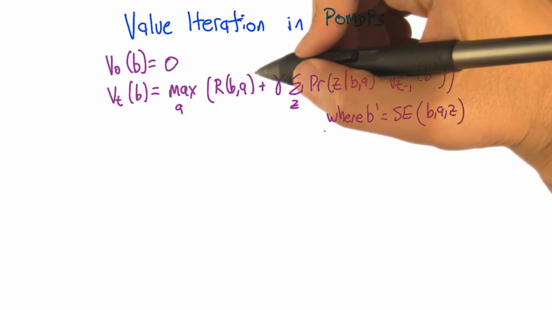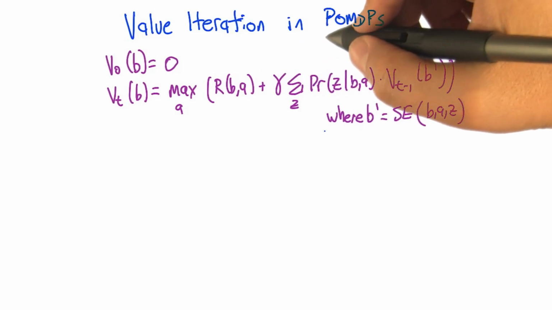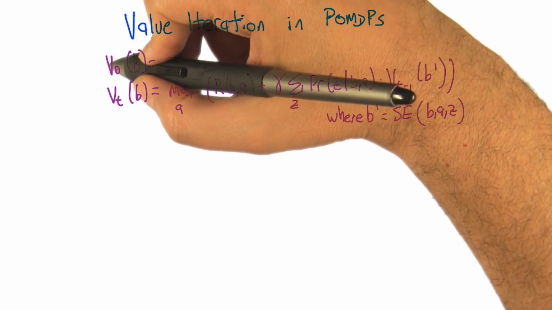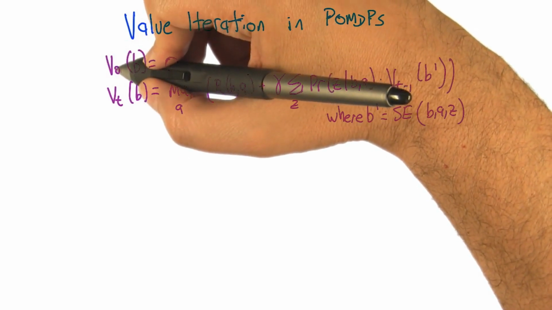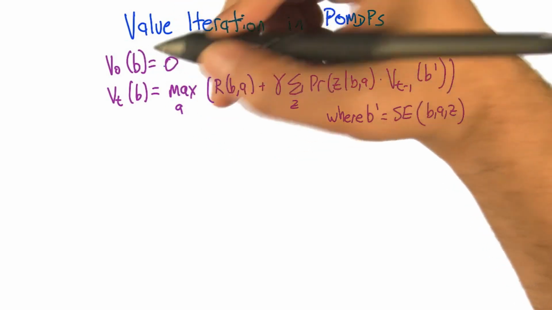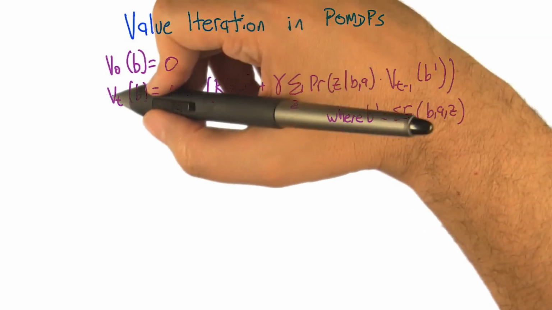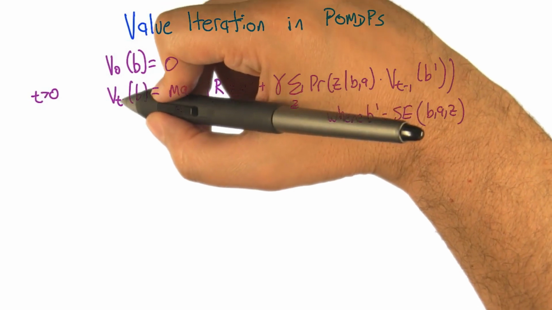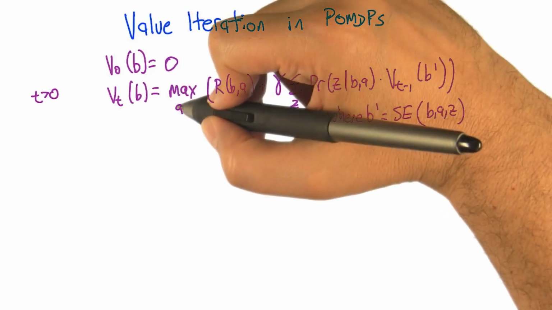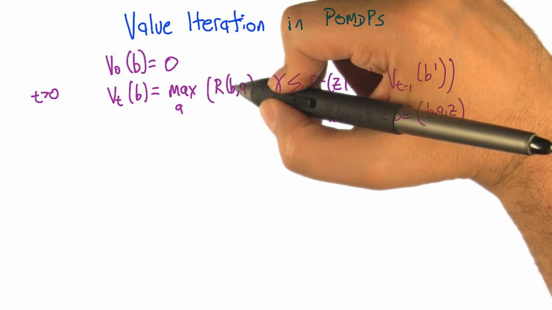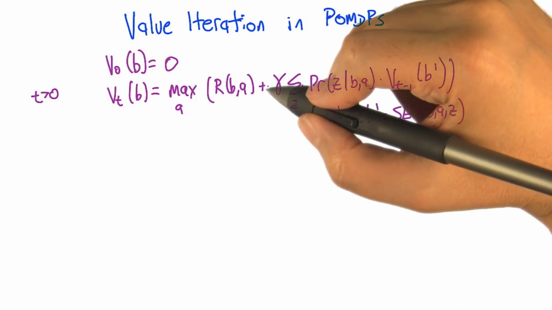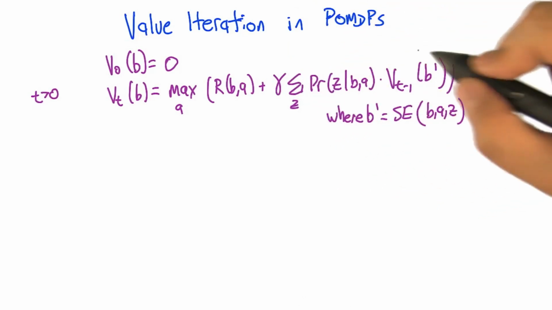So here's value iteration written out. It's in POMDPs, but that doesn't really matter yet. We're going to define the value function at step 0, as a function of the belief, to just be 0 everywhere. Then for t greater than 0, the value function for time step t as a function of the belief state b is going to be the max over all actions, the reward for taking that action in the context of that belief state, plus the discounted expected value of where we end up.